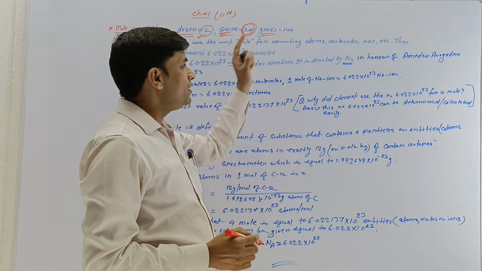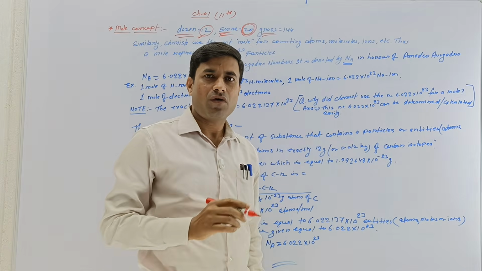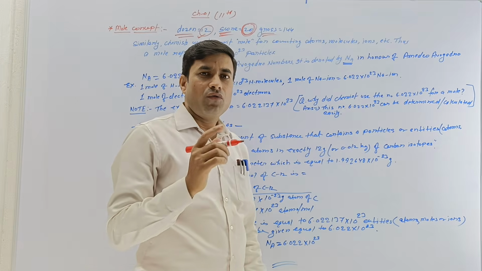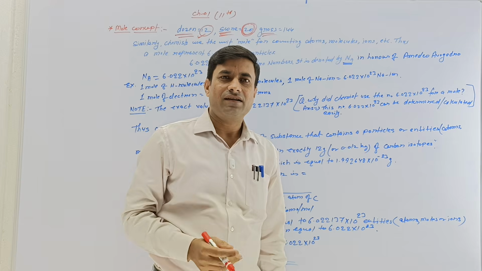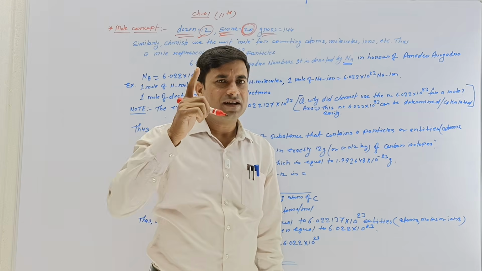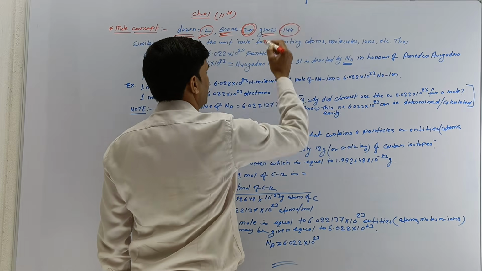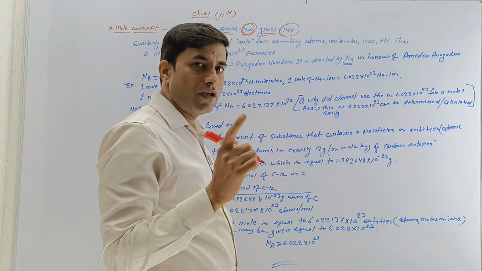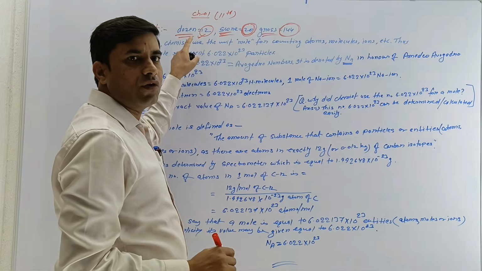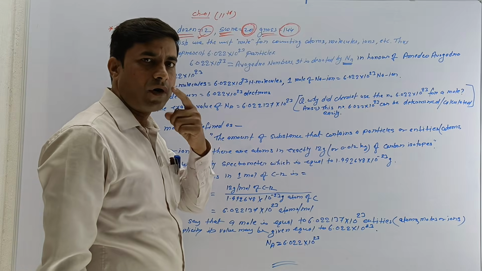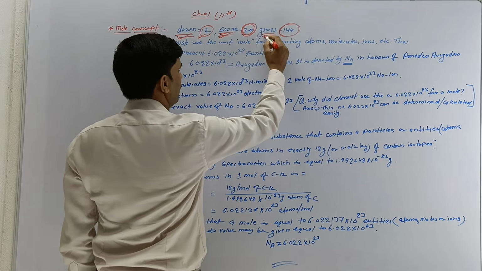Similarly, when we say a gross of any other articles, we remember the number 144. So similarly we use units for counting different types of articles, like dozen, score, or gross.